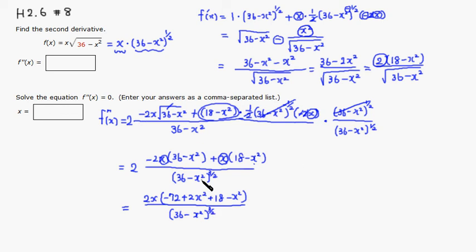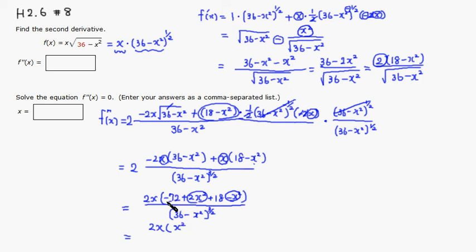Right? And then we can just simplify one last time. So this is going to be equal to 2x. Then you have 2x squared minus x squared, so it's going to be just x squared.